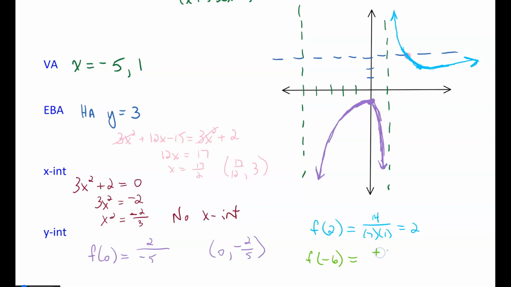I'm not even getting exact numbers here. I get a positive in the numerator. And if I plug in -6 plus 5, that's also a positive. And if I plug in -6 minus 1, that's going to give me a -7.